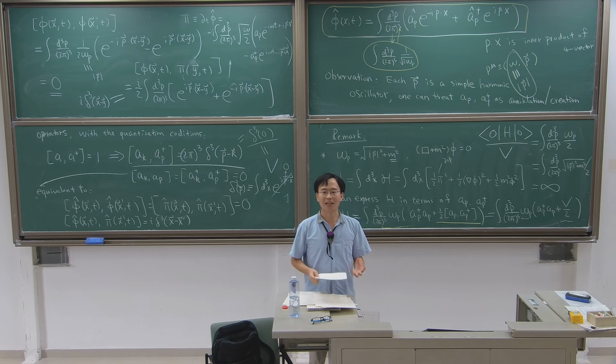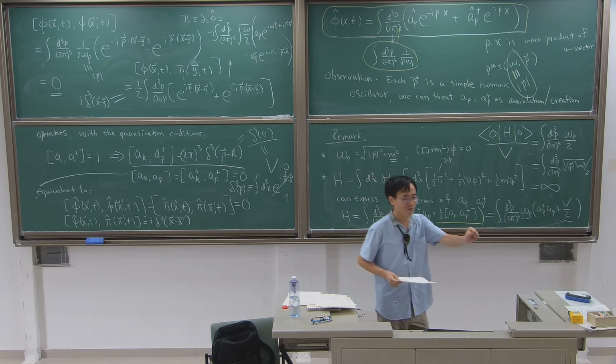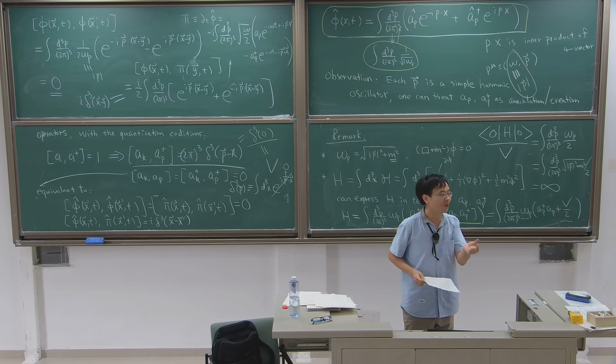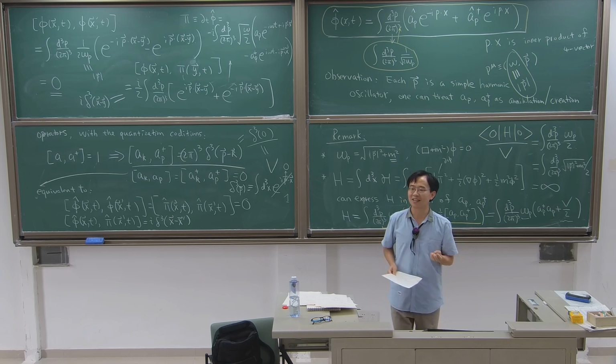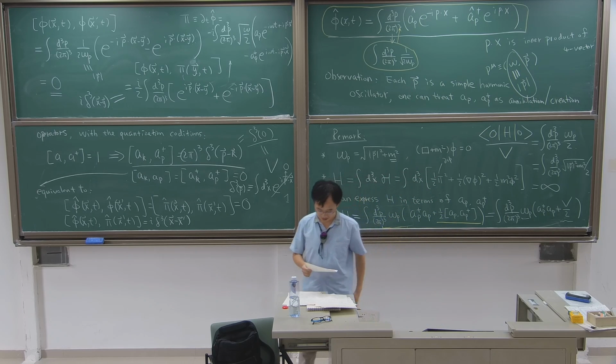Now you realize that even if I stay simply in the ground state, if I try to measure energy density, I will get infinity. This means that really everywhere in the field theory, there is an infinite number of harmonic oscillators. If that did not happen, you could not get infinity, right? That's the physical indication of this infinity.